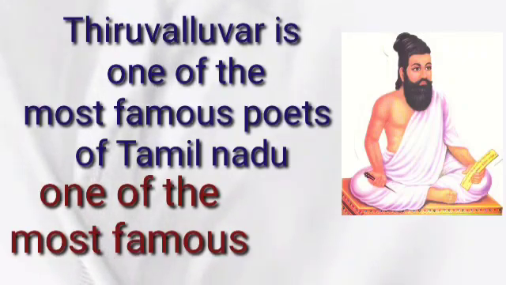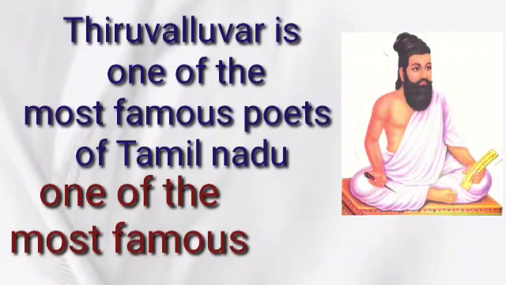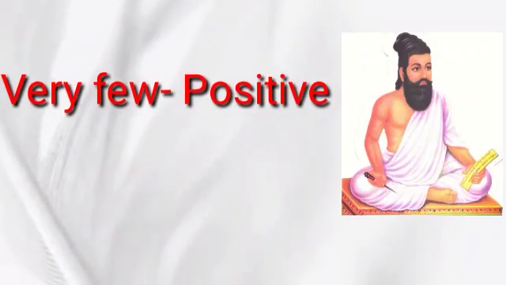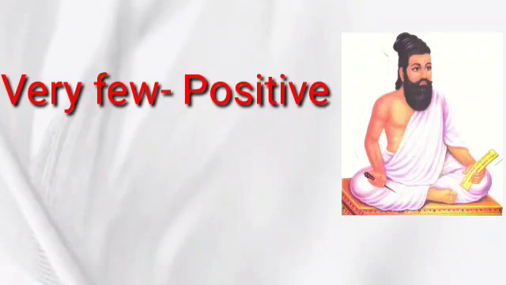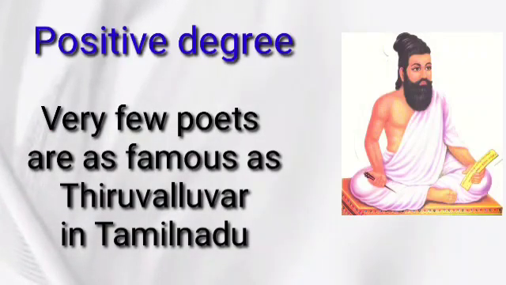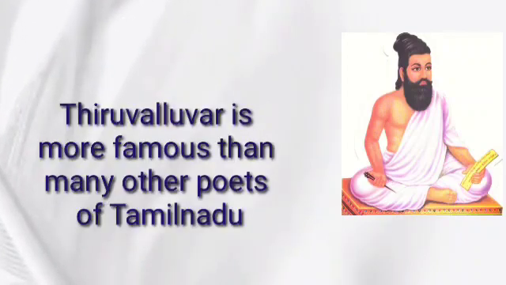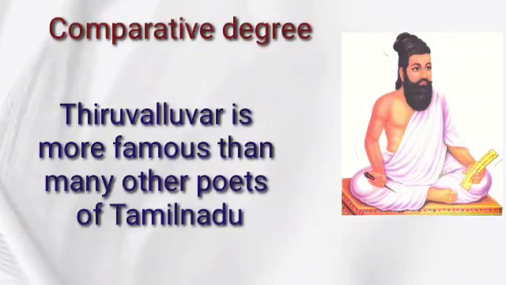If we find this phrase one of the, then we have to use very few in positive degree of comparison: very few poets are as famous as Thiruvalluvar. And in comparative degree, it should be: Thiruvalluvar is more famous than many other poets of Tamil Nadu.